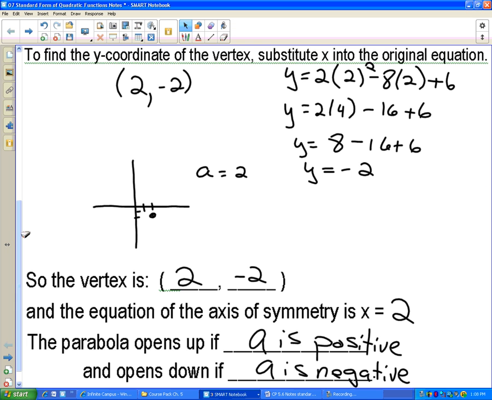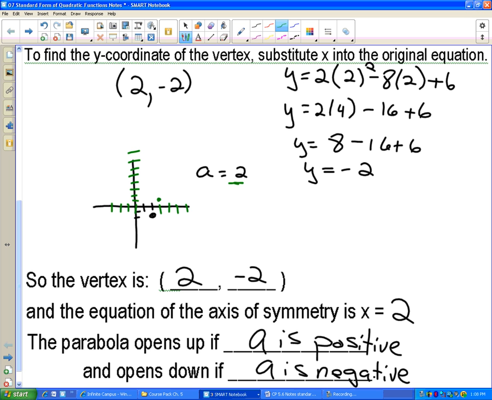Remember how this works. You go out 1, up 1, but it's 1 times a. So out 1, up 2.